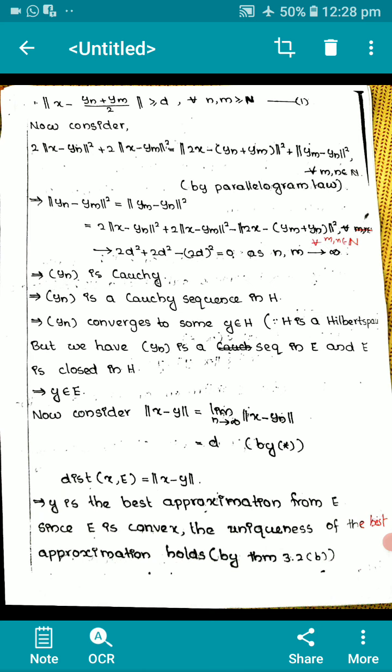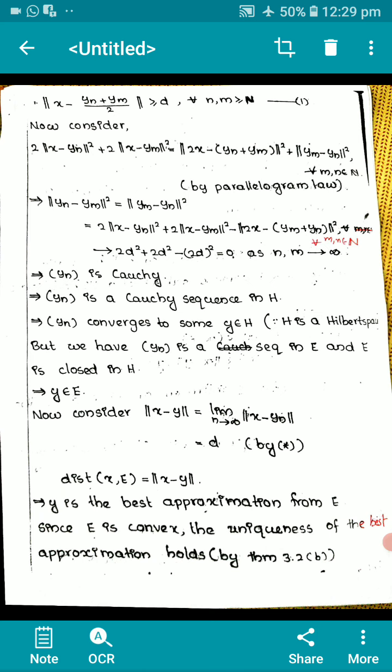Then we are using the parallelogram law. You know what the parallelogram law is? Norm of x plus y square plus norm of x minus y square is equal to 2 times norm of x square plus 2 times norm of y square.